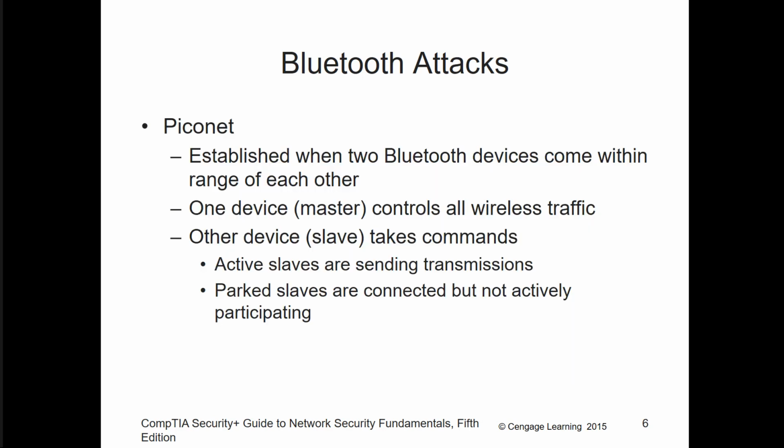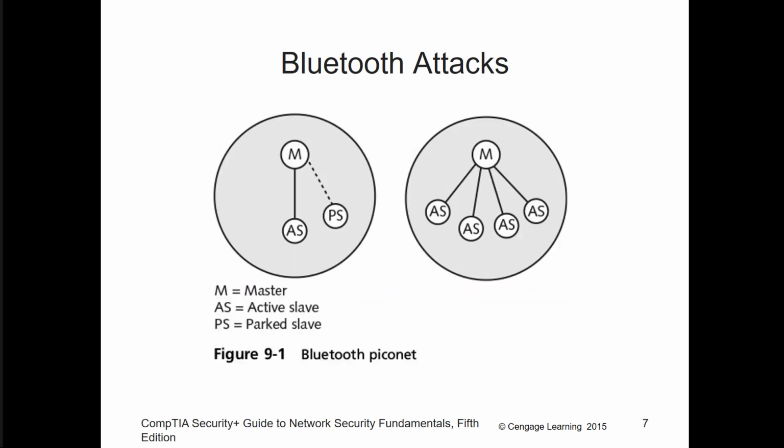A PicoNet is established when two or more Bluetooth devices come within range of one another. Typically, this is a master-slave relationship. Active slaves are sending transmissions. Parked slaves are connected but not actively participating. That's important for a later slide.